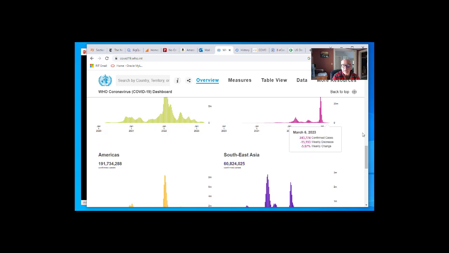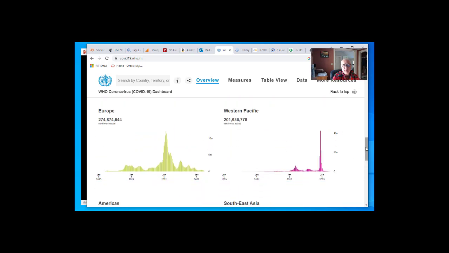Now, each one, you'll notice that there are standard formats in here. This one's for Europe, this is for the Western Pacific, but they're organized in a very similar fashion where we've got different colors in here to make sure that the user can see that these are different regions, but the format of each one of these controls is very similar.